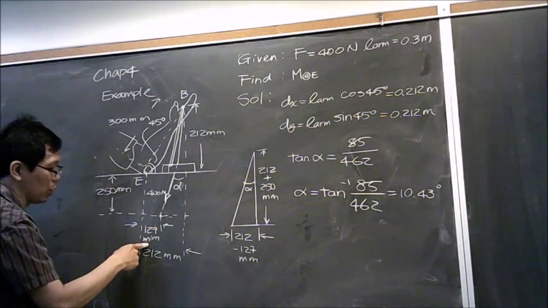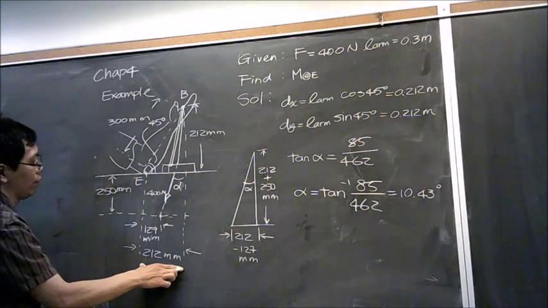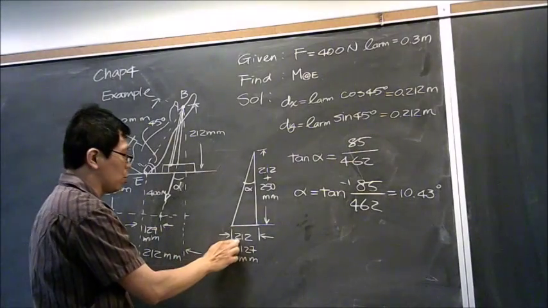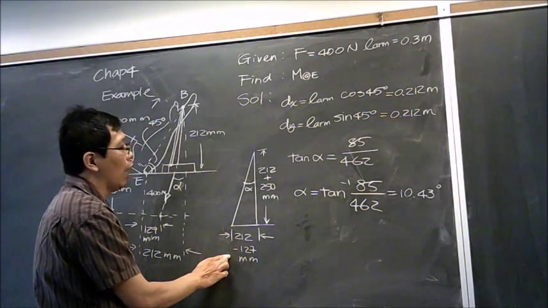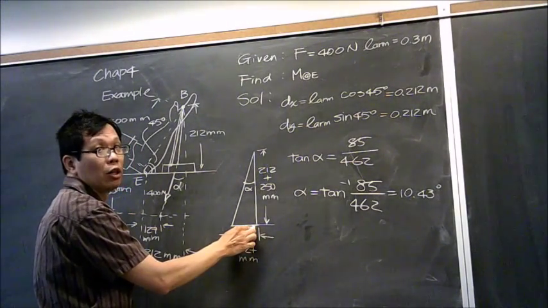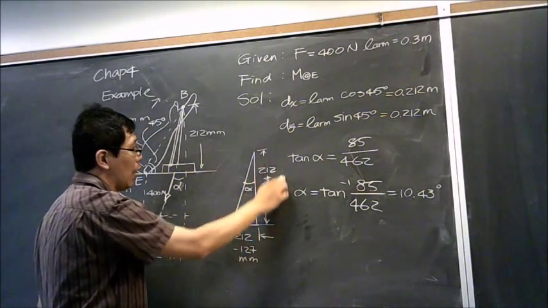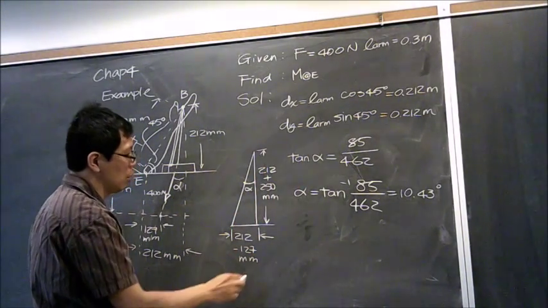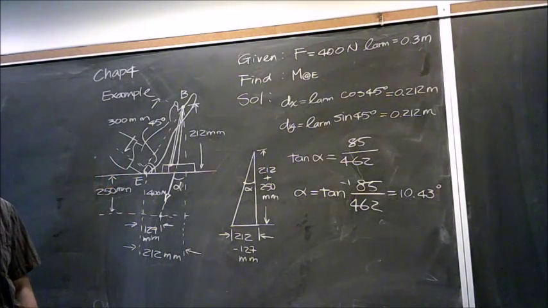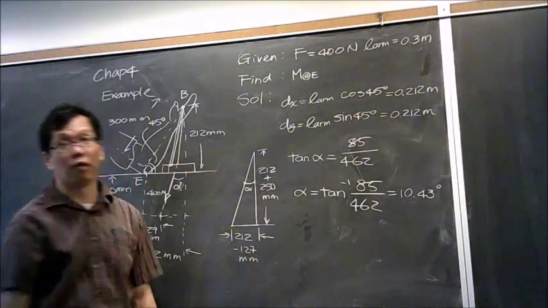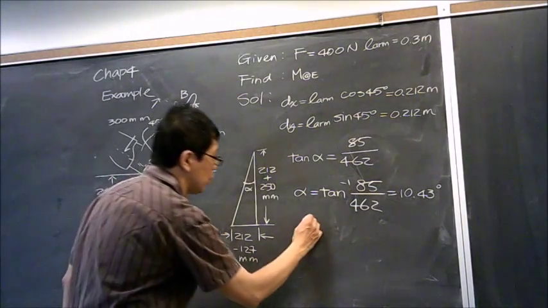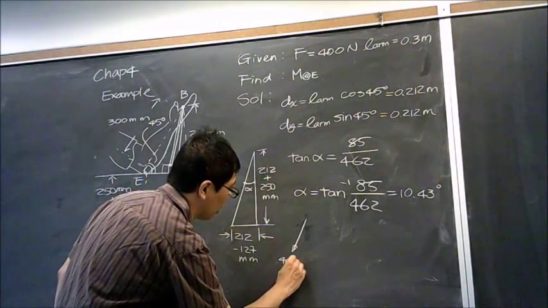And this part is 127. And the total width of the bottom over here is 212. So with 212 minus 127, I know the bottom over here is 85 millimeter. So if I know the height is 462 millimeter and the bottom is 85 millimeter, then I should be able to find out the angle alpha over here. So when I know the angle alpha over here, what do I actually talking about?